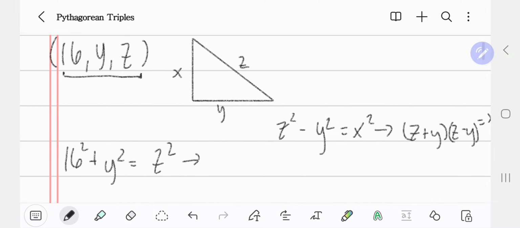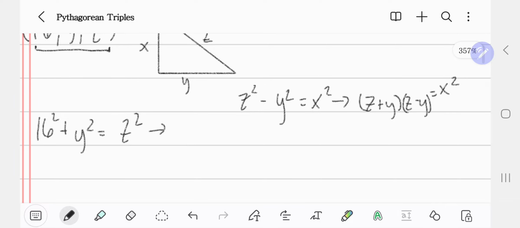So we can rearrange this into z minus y times z plus y equals 16 squared, and 16 squared is 256.